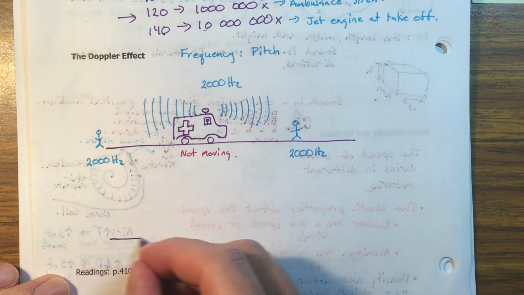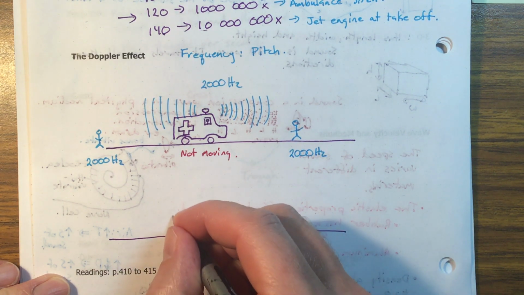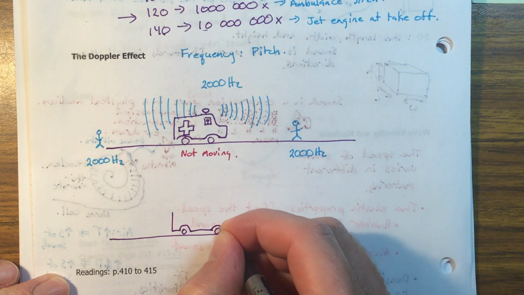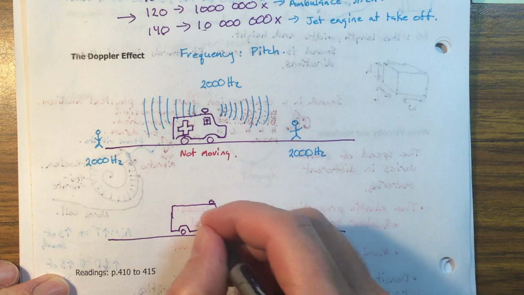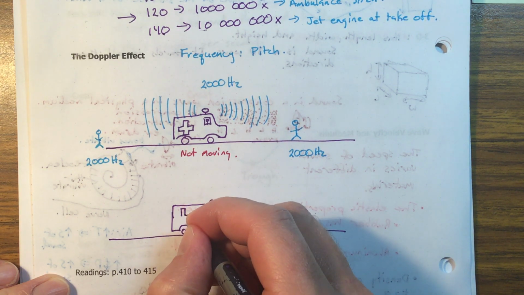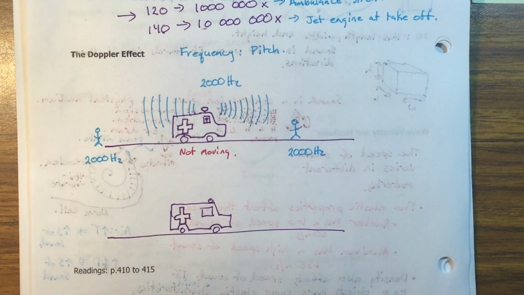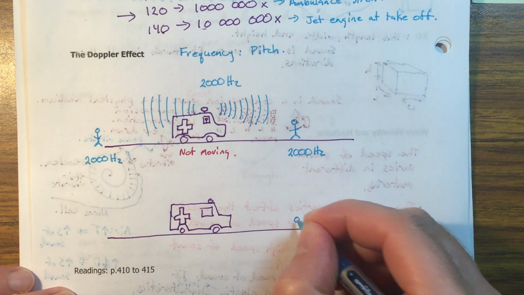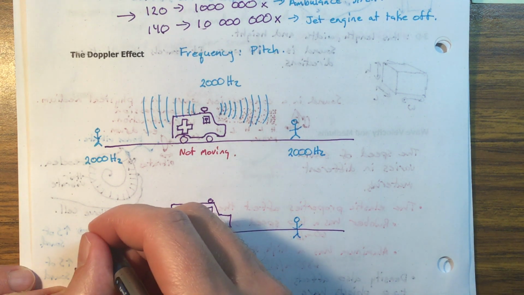Now, we're going to get this ambulance, and it's going to be in the same spot here. Here's my new ambulance. Here's a guy right here, and he's not standing on the road, as you can see, so he's not going to get run over by the ambulance.